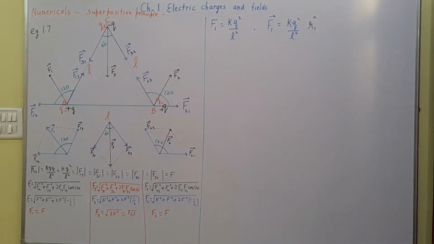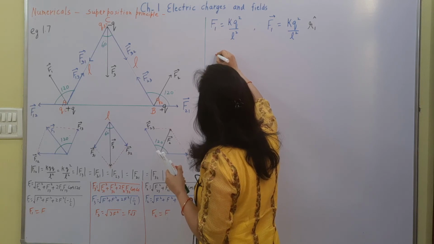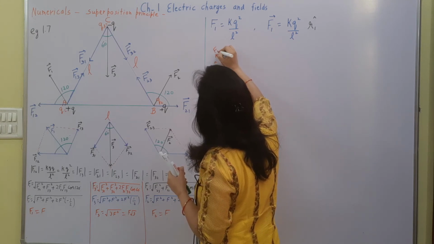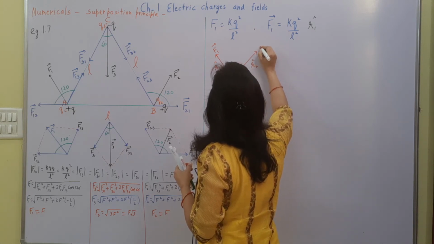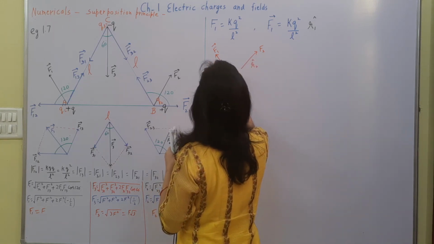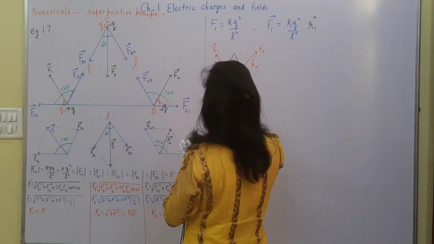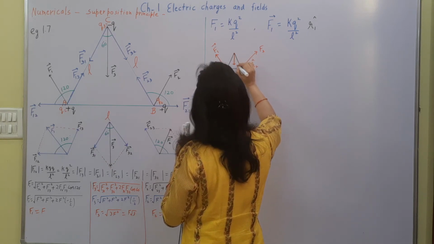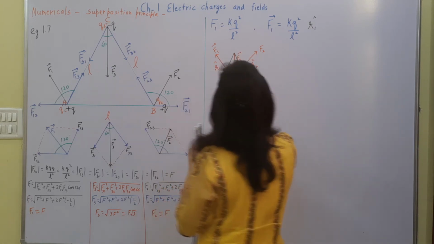We can show the directions like this, that this is the direction of F1 vector, this is the direction of F2 vector, and this is the direction of F3 vector, which is n cap, right?